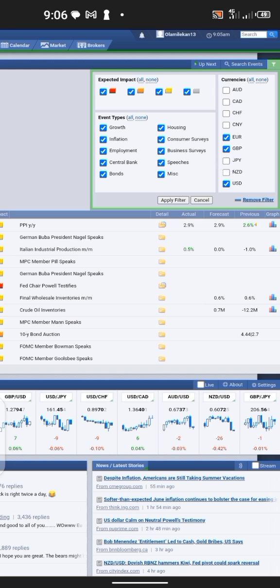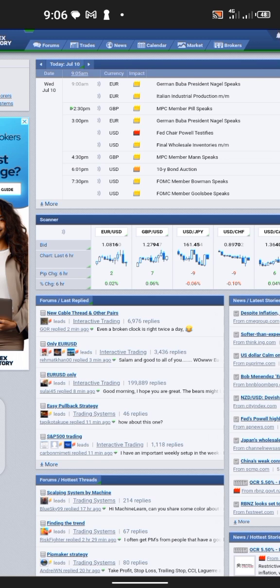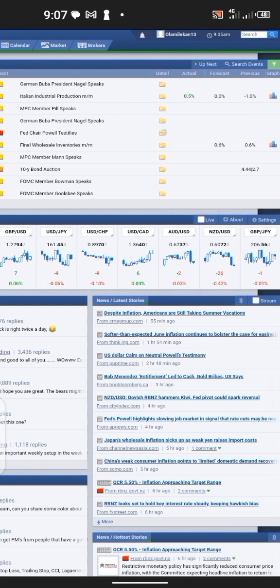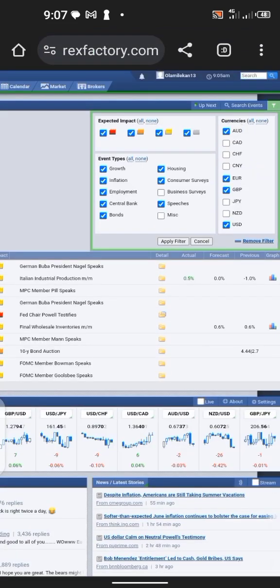Then JPY, and for the event type I want to remove business services. Then I apply the filter, and you see there is no more AUD on the calendar. If you want to add some currency pairs, you apply them here, the forex currency pairs, then you click apply filter.